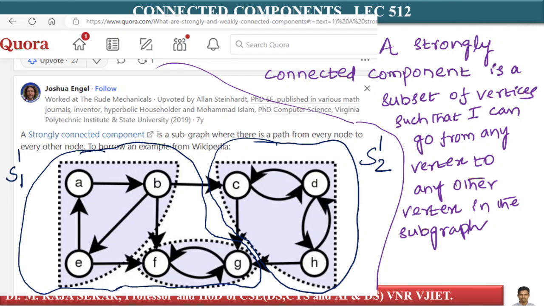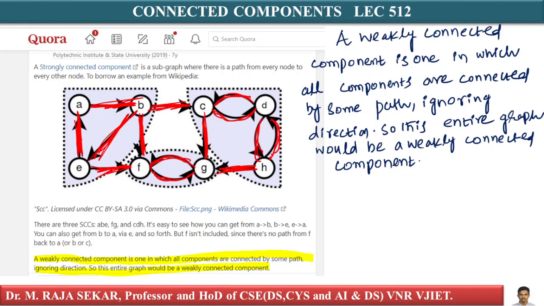Now, what is a weakly connected component? Imagine if I ignore these directions, we are simply ignoring these directions. Can I go from any vertex to any vertex? So a weakly connected component is basically a subset of vertices such that I can go from any vertex to any other vertex when I ignore the directions on each of these edges.